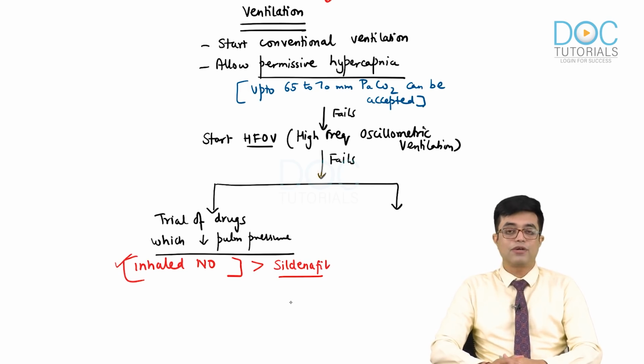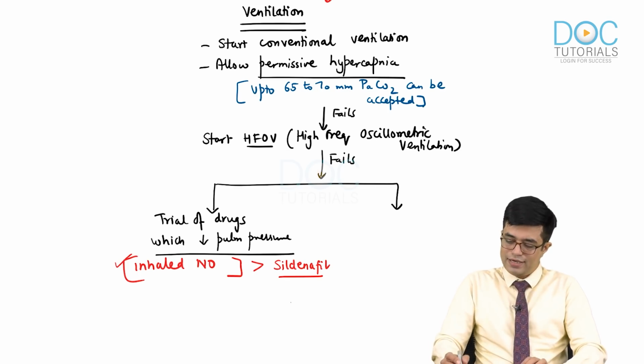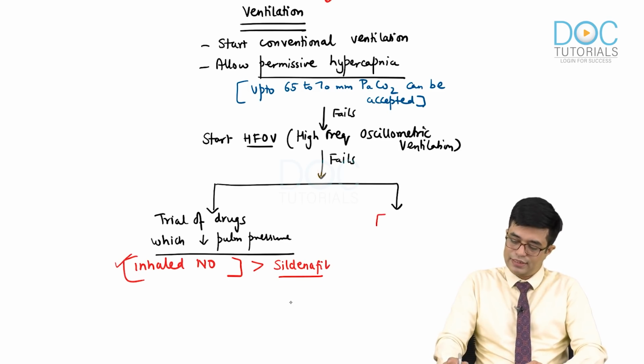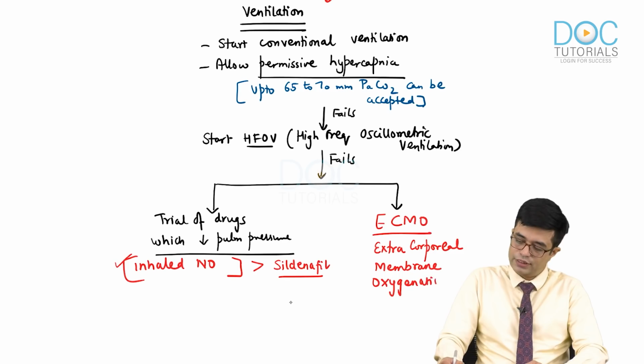But inhaled nitric oxide is more of a bridge therapy, right? And if it fails, eventually the last step in management is ECMO. ECMO stands for extracorporeal membrane oxygenation. This is the so-called Brahmastra in the management of CDH.